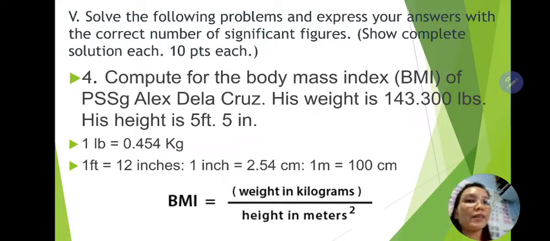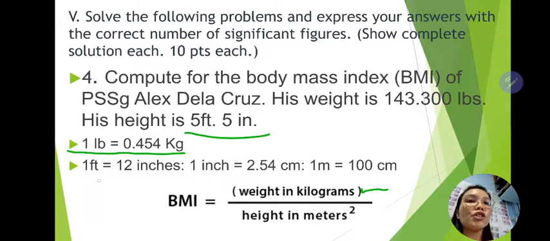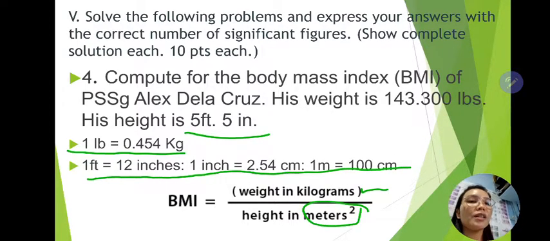So, ito yung mga conversion factors natin. 1 pound is equal to 0.454 kilograms kasi kailangan natin pag-compute ng BMI is weight in kilograms. And then, for 5 feet, 5 inches, we have the following conversion factors. So, ang kailangan natin is height in meters. And then, i-square natin siya later on.